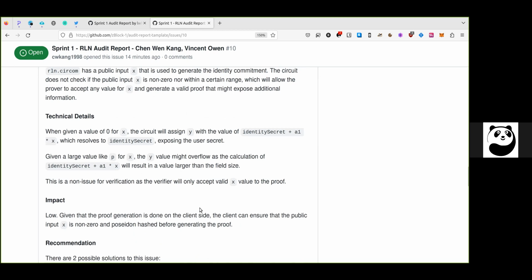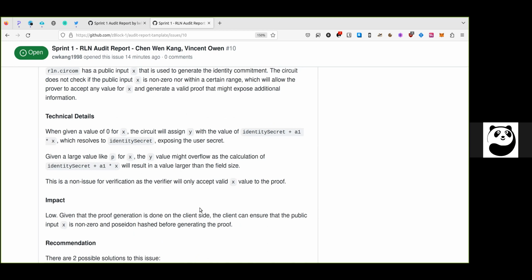Rasul, regarding the first issue, just very quickly, regarding the mismatch with the specification, which says X should be hashed. For the 0 value for X, the probability of that is very, very small, negligible.